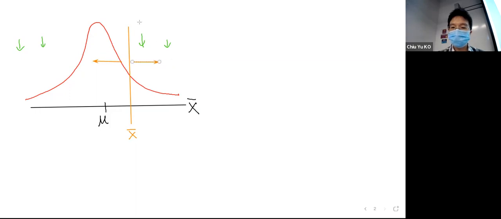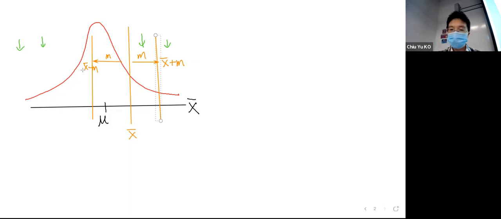Remember m by m, and this is called x bar plus m, and this is x bar minus m. And we have this interval of values. What we are saying is this interval will have high probability of including mu.